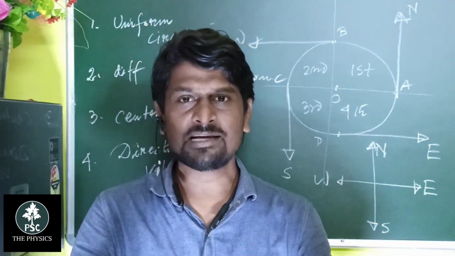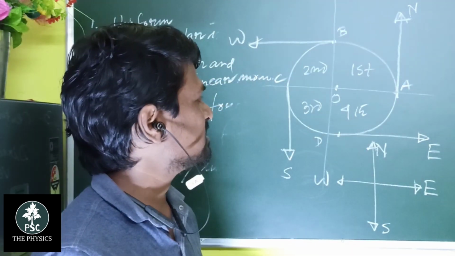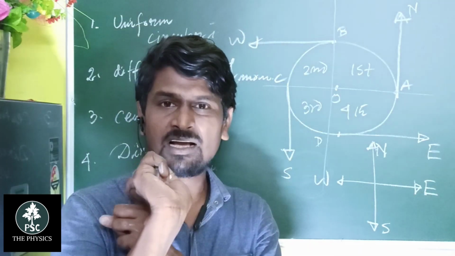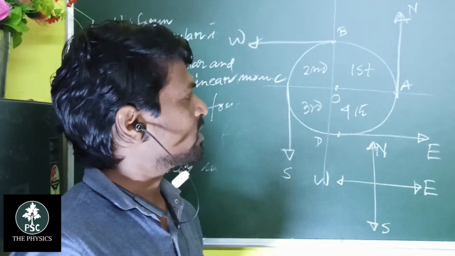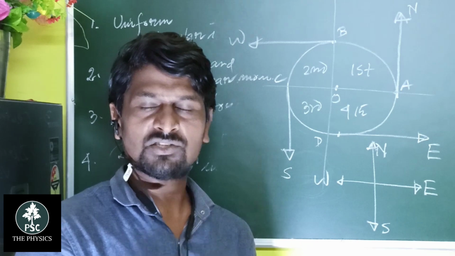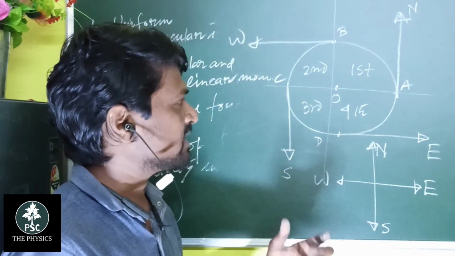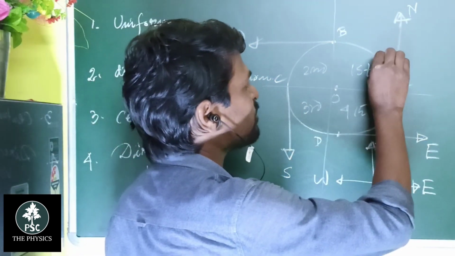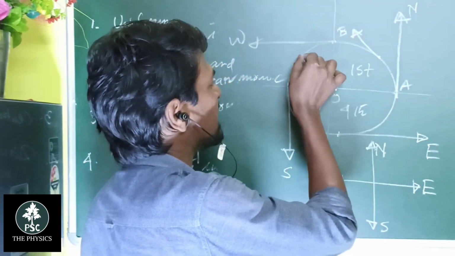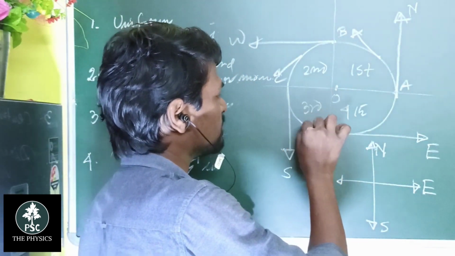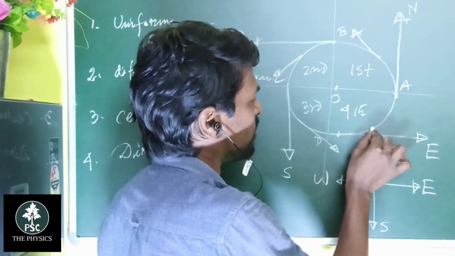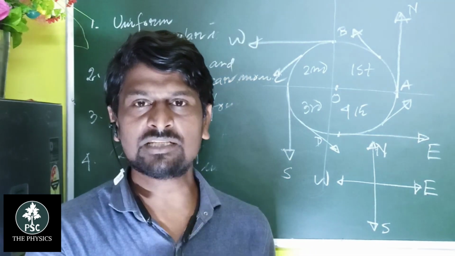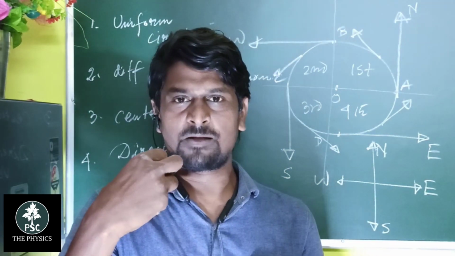So we can clearly see that each time it crosses a quadrant, its direction changes. Constantly its direction changes.